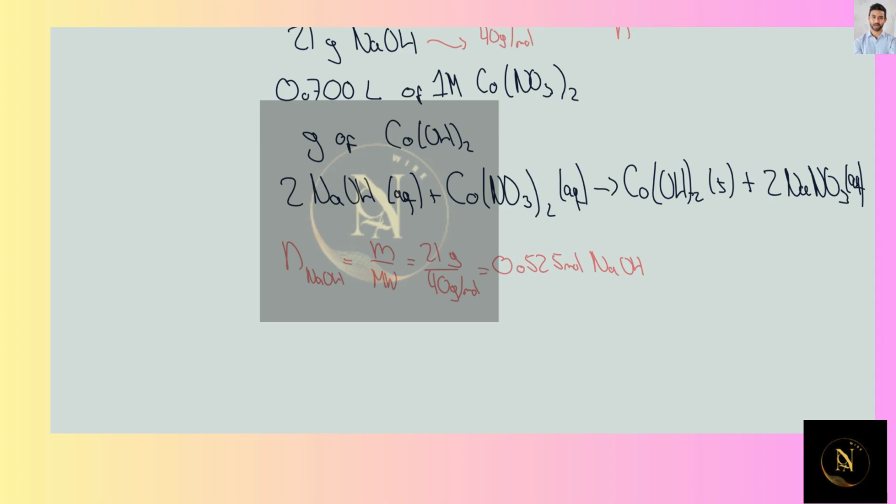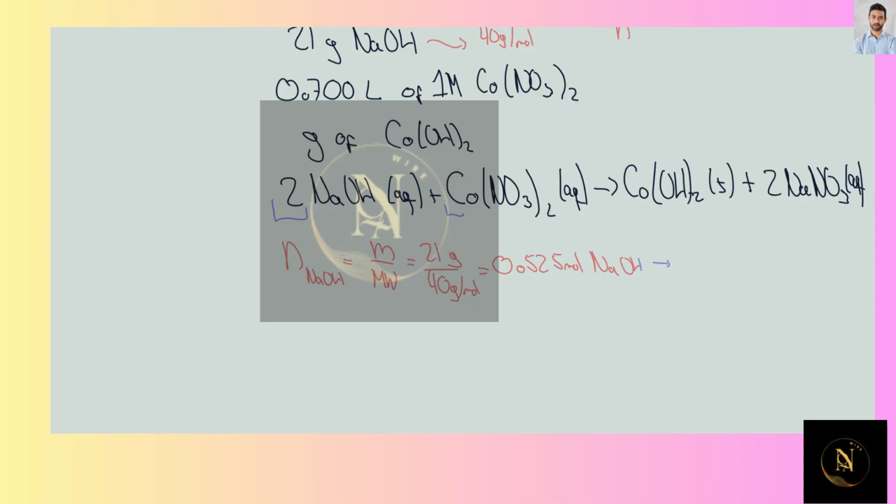Now, if we want to know how this compares to the cobalt nitrate that we're going to have, we're going to employ the stoichiometric coefficients on our equation. Let me put them in purple to know with how much cobalt nitrate this can react.